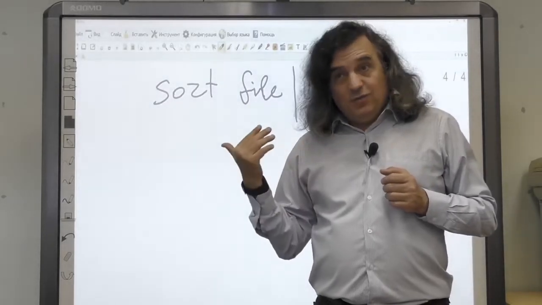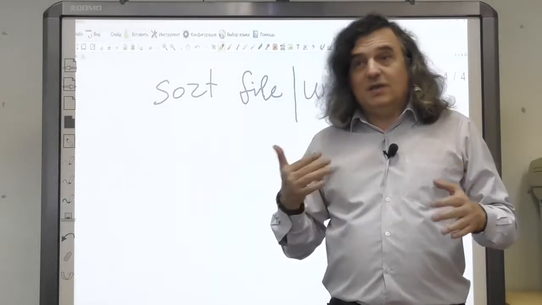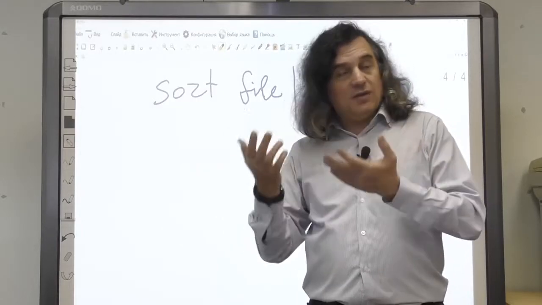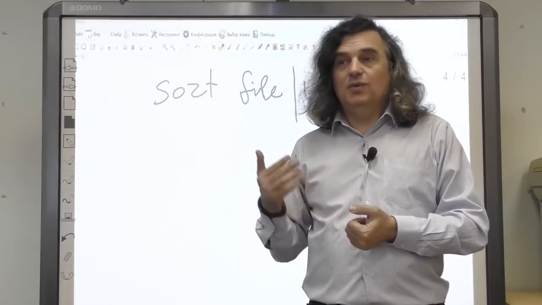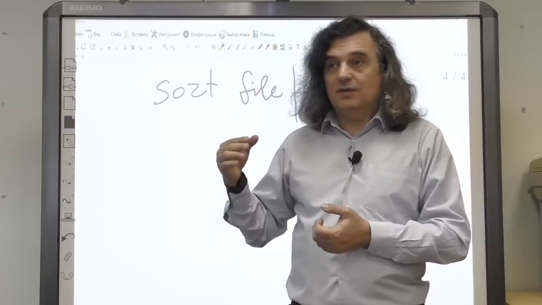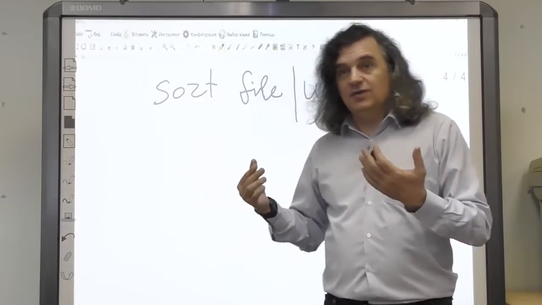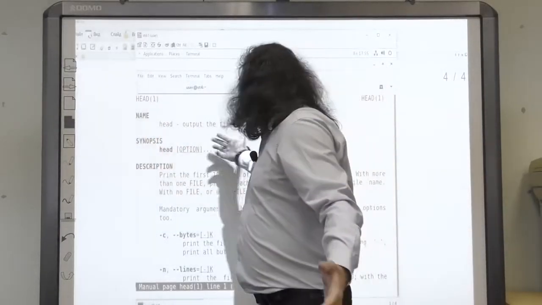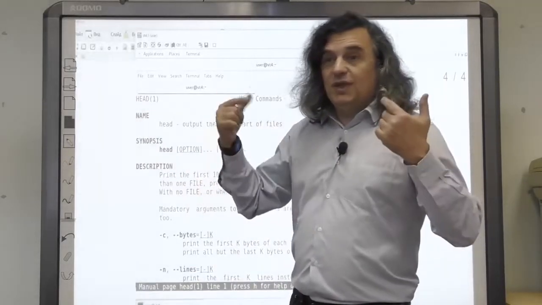We may output the first or last part of files with the head and tail utilities. By default, we see the first or last 10 lines of standard input, or of each file from the arguments, to standard output.